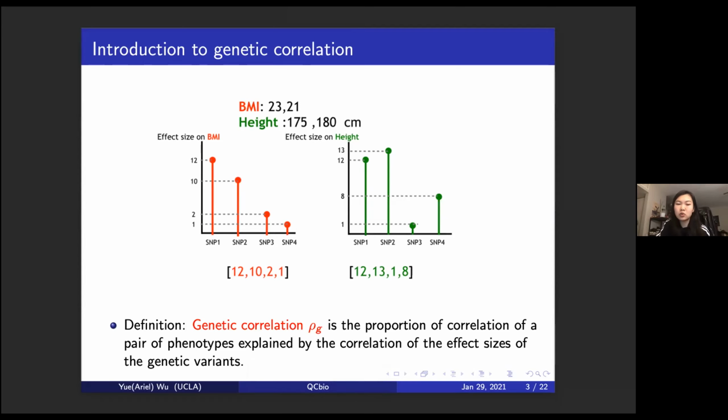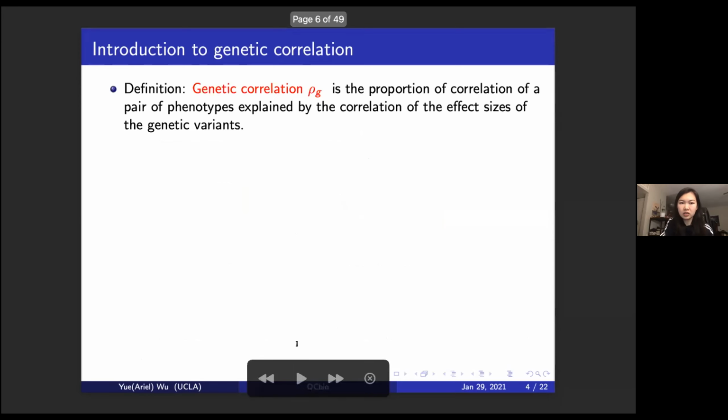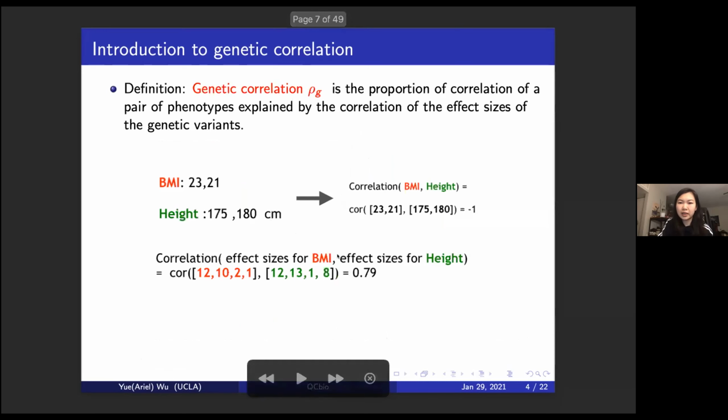In order to quantify this, people define genetic correlation. So rho G is the proportion of correlation of a pair of phenotypes explained by the correlation of the effect sizes of the genetic variants. To make this definition clear, we have the correlation between the effect sizes of BMI and height.